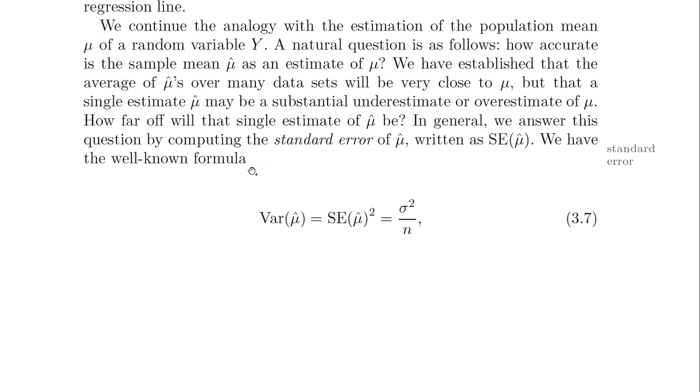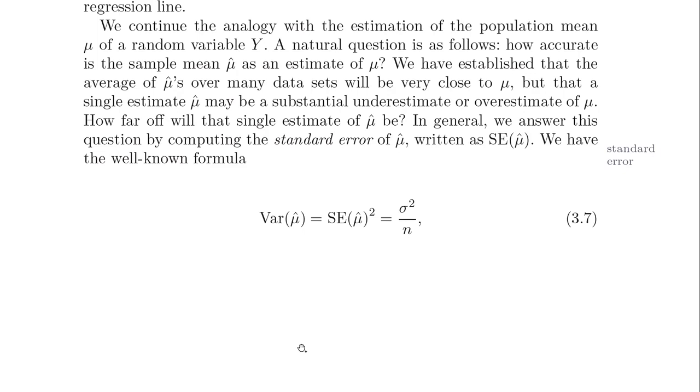Not to worry, if you asked me to quote this, I would have had great difficulty recalling it. So the standard error of mu hat is the square root of sigma squared, all over n. Now, what on earth is sigma? We know what n is. n is the number of observations.